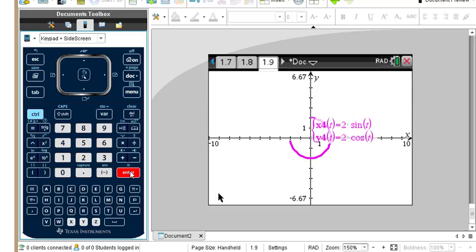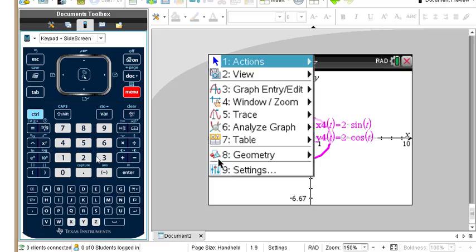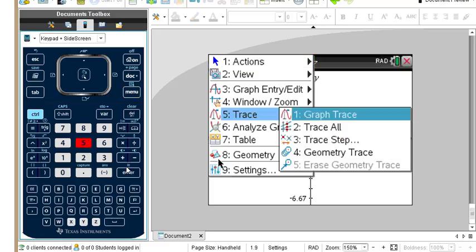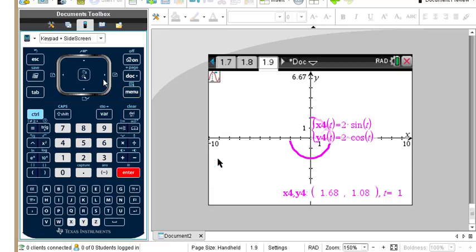I think that's going to get it there. Yeah, we have a rotation just as I drew it, pretty much. Menu trace, graph trace. As we increase time, we're going this time clockwise. We were going counterclockwise on problem 23.